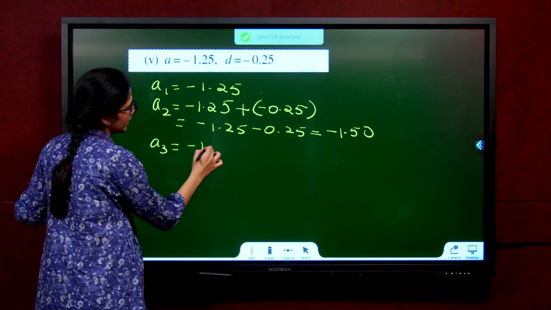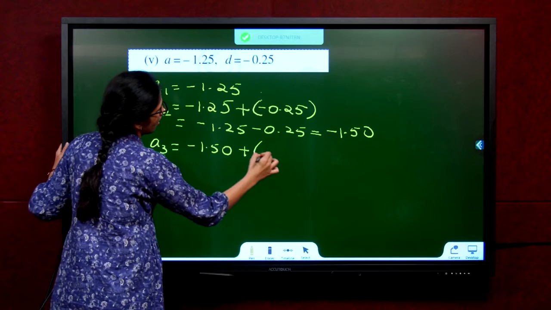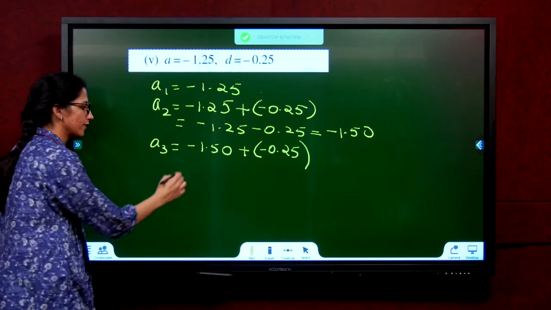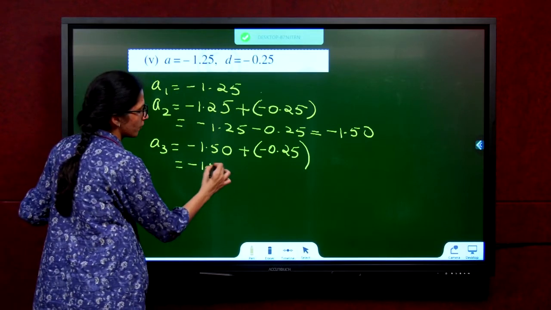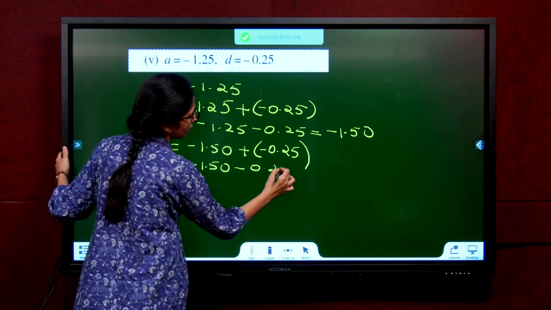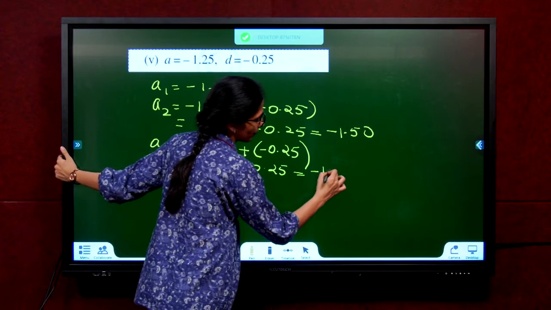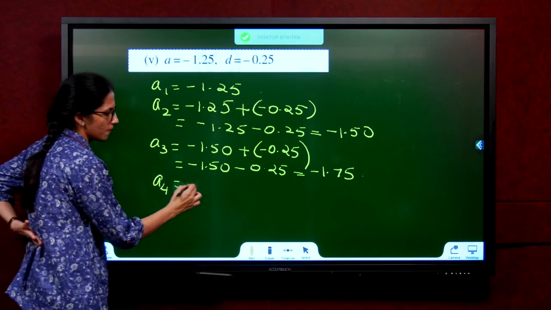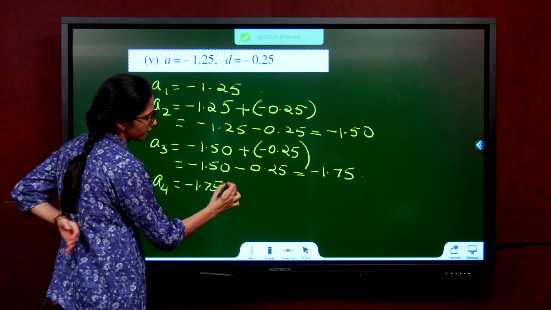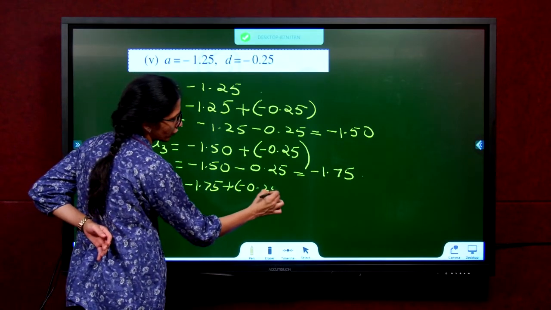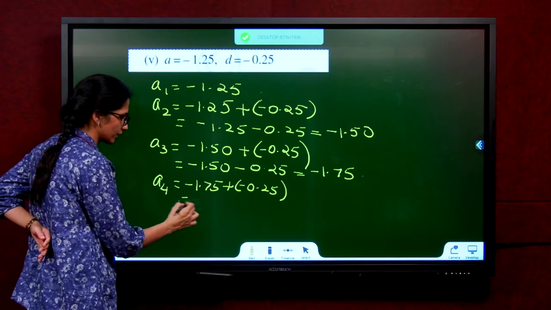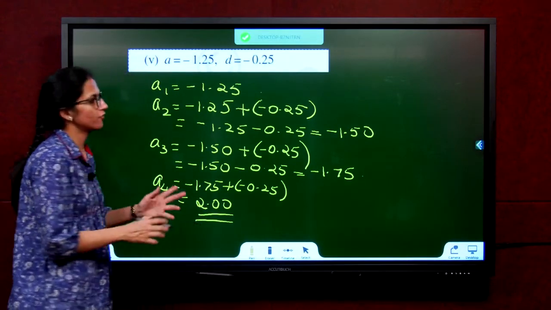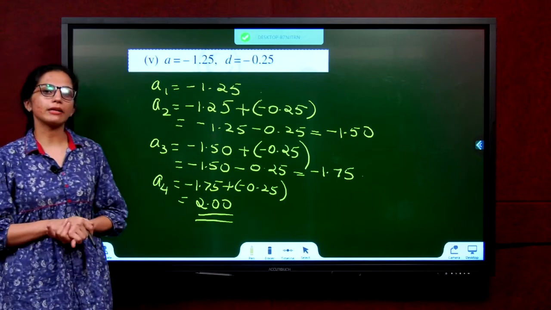A3, minus 1.50 plus, add the difference which is minus 0.25. You will get minus 1.50 minus 0.25, which is minus 1.75. Next you have A4, minus 1.75 plus minus 0.25. Open brackets and check it out. You will get 2.00 or simply 2. These are the first four terms of an AP.